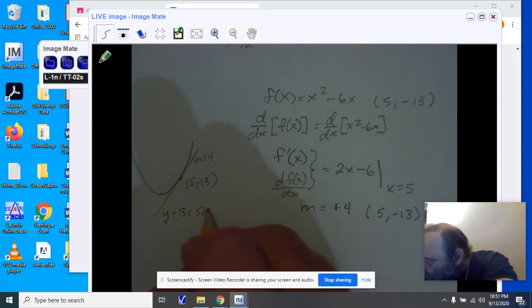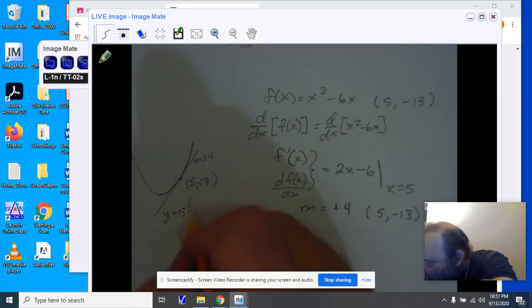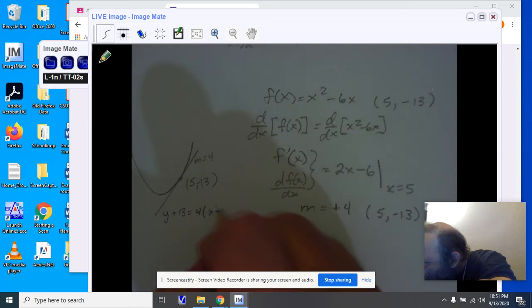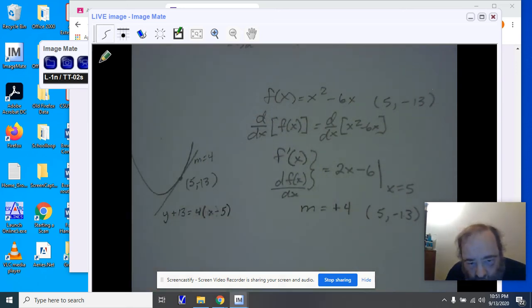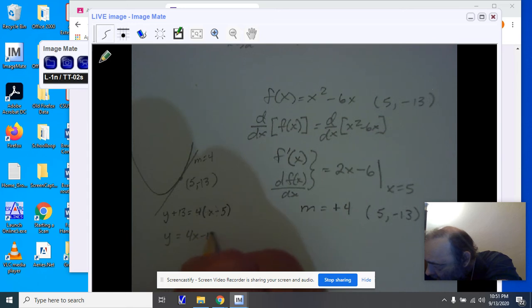Or let me rewrite that as mx plus b. So I'm going to put my 4x, and let's put slope, minus 5. There we go. Now we have our point slope form. Now if we were to try to do this, we'd have y equals 4x minus 20, right? And then we would have a minus 13 to boot.